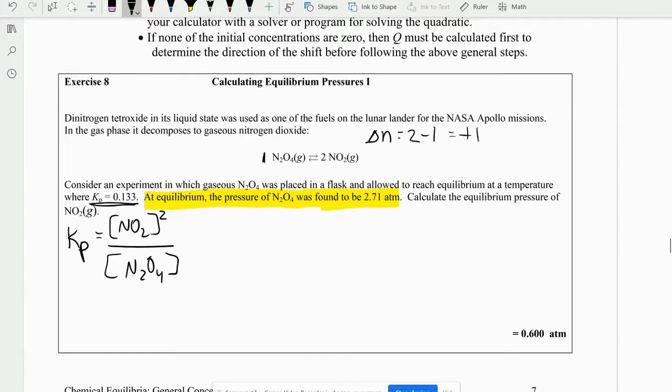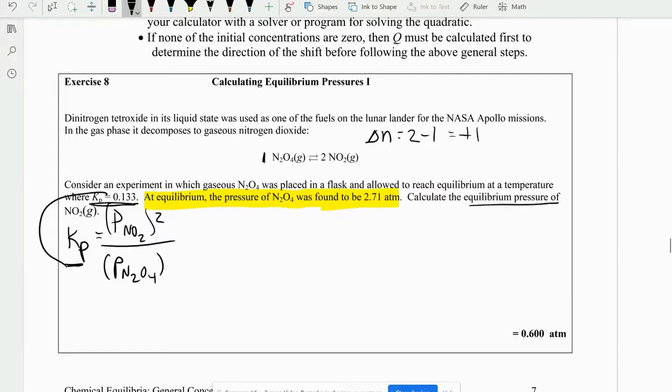In this particular case, seeing how these are gases, it probably would be more appropriate to write the equilibrium expression in this version. There we go. And we do know Kp, it was given to us, 0.133. And it's asking us to calculate the equilibrium pressure of NO2.